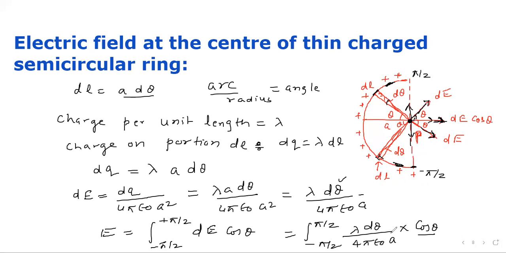So from here we can take common lambda upon 4 pi epsilon naught a, and then we integrate this integration cos theta d theta, so that will give sin theta. Then we will put limit. So I'm writing it on the next page. So lambda divided by 4 pi epsilon naught a, and this will give sin theta, and limits are minus pi by 2 to plus pi by 2.